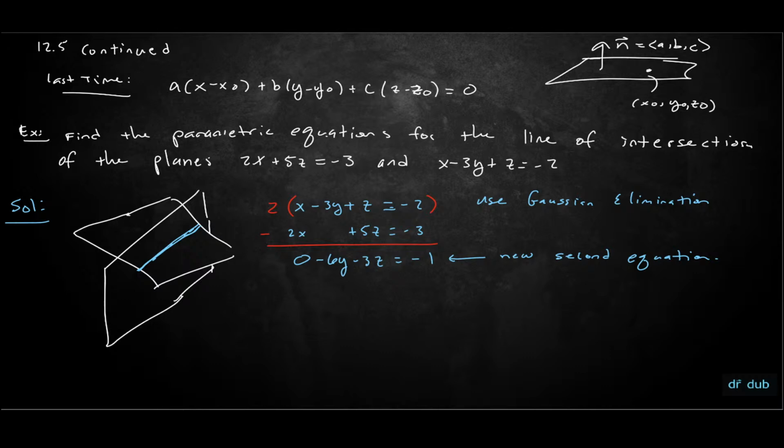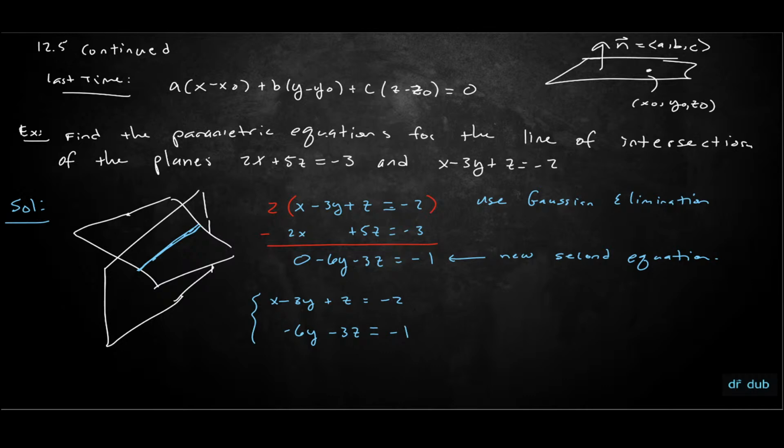So I've got two equations here, x minus 3y plus z equals -2, and -6y minus 3z equals -1. At this point, I have two equations but three unknowns. And that means I have an underdetermined system.